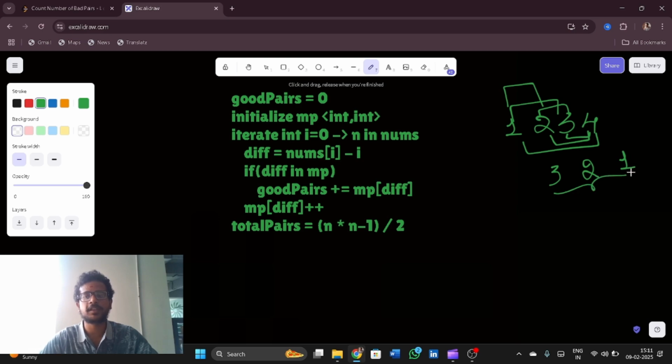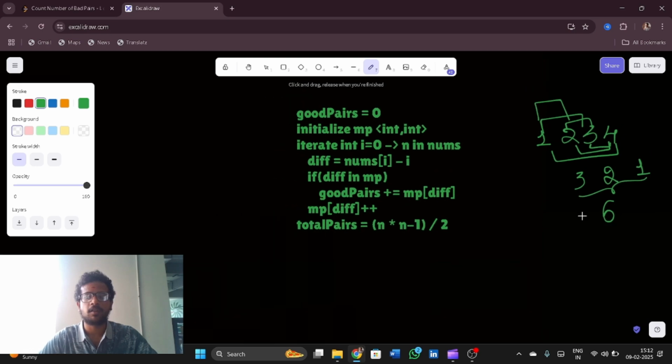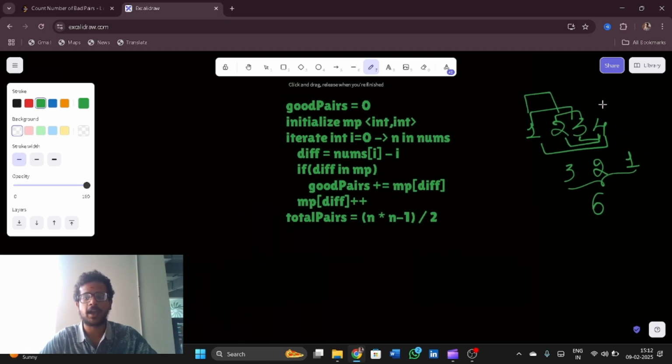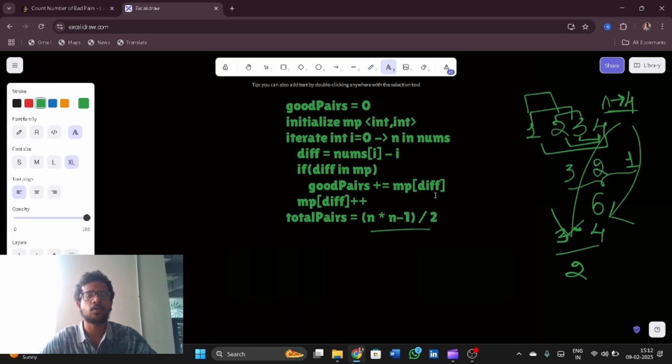So all this will add up to 6. In this case, n is 4. Now the number of pairs will be 3 into 4 by 2, so n into n minus 1 by 2. This will be my total pairs.